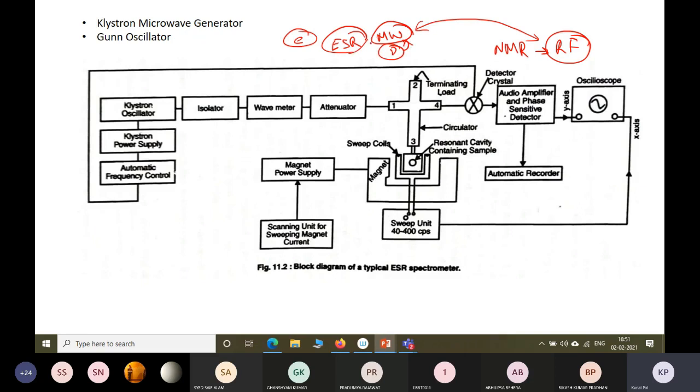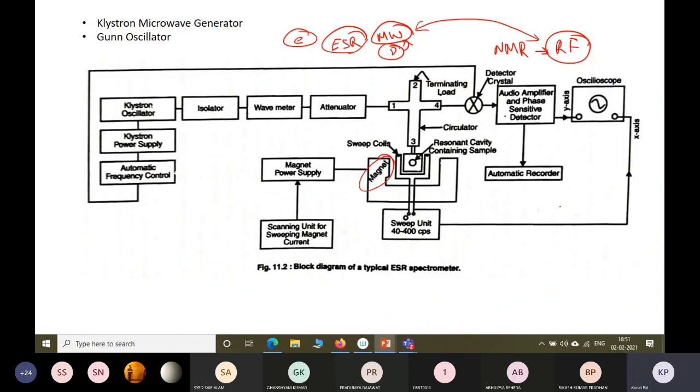Now since we are putting this magnet across the sample, the protons will also get magnetized, right? Since the protons are also getting magnetized, they will also create some magnetic field, and that magnetic field interacts with this ESR spectra, and due to that you are having the splitting.